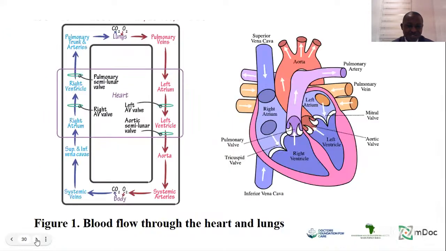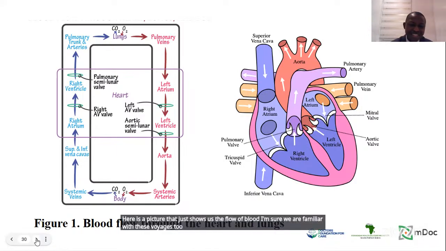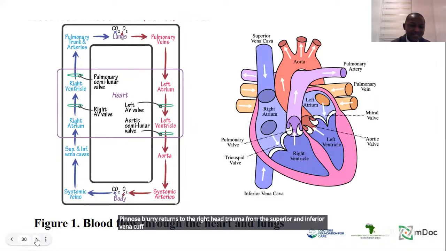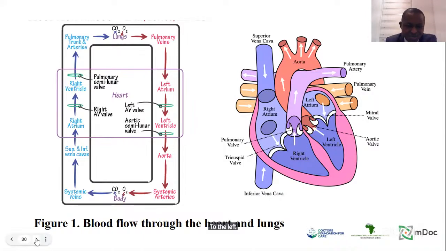Here is a picture that just shows us the flow of blood. I'm sure we are all familiar with this, but just to explain how cardiac asthma comes about, which we now know as paroxysmal nocturnal dyspnea. The venous blood returns to the right atrium from the superior and inferior vena cava, and from the right atrium to the right ventricle, to the lungs through the pulmonary artery, where the blood will get oxygenated, and then from the lungs to the left atrium through the pulmonary veins.